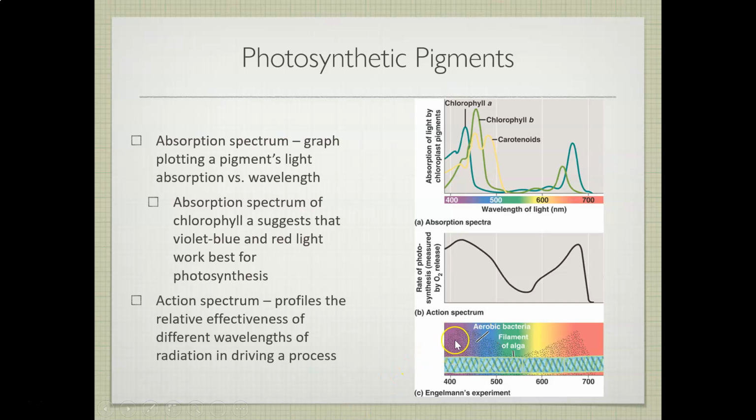So those aerobic bacteria want to use as much oxygen as possible to do their cellular respiration process, and so they're going to congregate where that oxygen is being produced the most, and he was able to overlay the colors of the spectra to see where the photosynthetic rate increased based on that, and use those aerobic bacteria as an indicator for the rate of photosynthesis that was occurring.